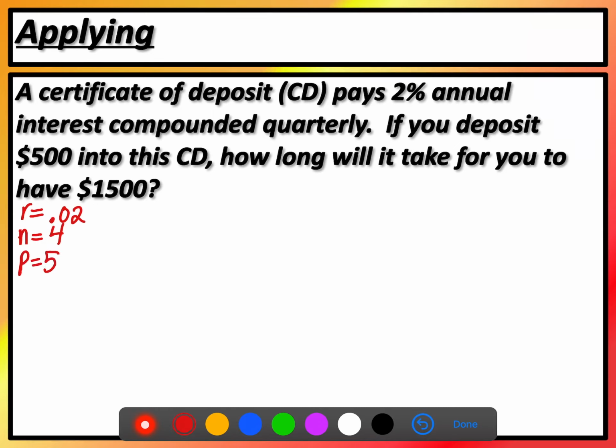You're depositing $500, that's your principal. And you want to know how long it will take. So T, you don't have T, but now instead you have $1,500 as your A, your final amount. So you have a total, you have a goal that you're trying to see, well, how long is it going to take for me to reach that? So we're going to set everything up.